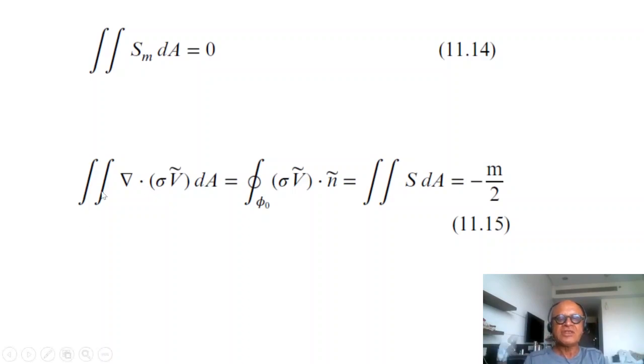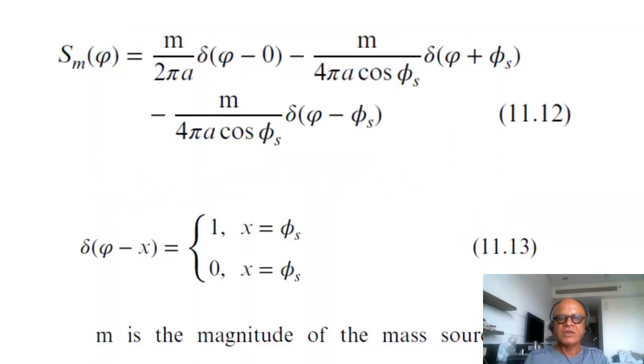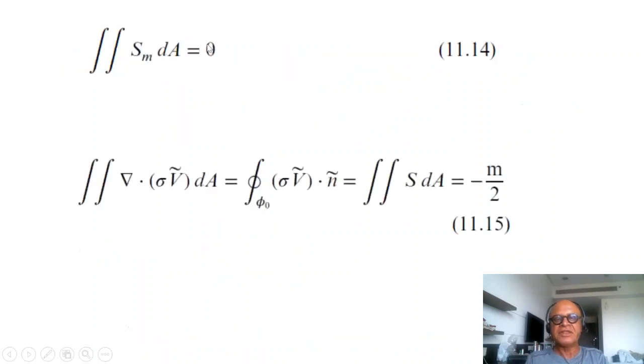So you can integrate the continuity equation, convert the area integral into the line integral with this unit vector which is perpendicular to the latitudinal circle. Okay, that is essentially equal to the source term, and that has to equal minus m over 2, where from this equation we are getting that integral.